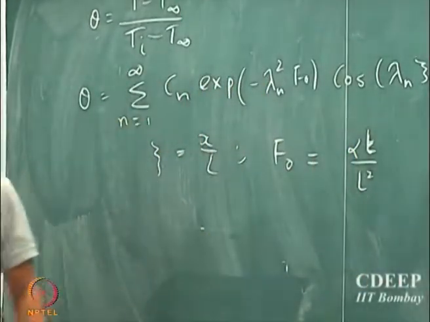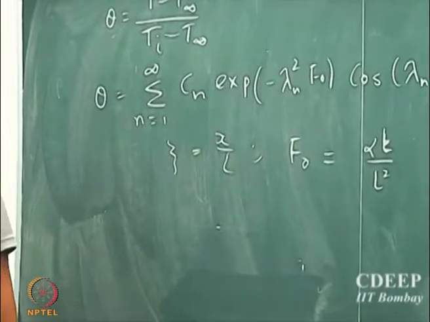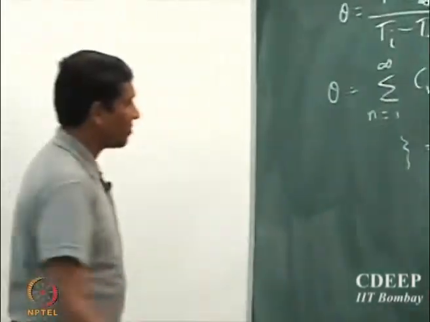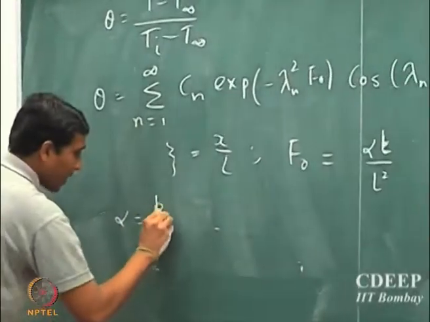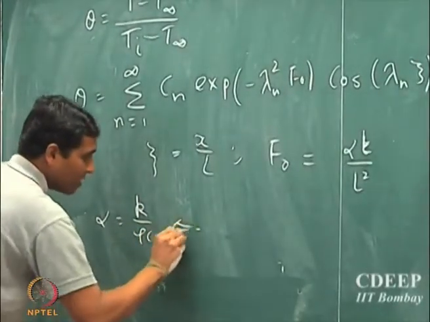What is alpha? Thermal diffusivity. So alpha is k by rho Cp, the thermal diffusivity.